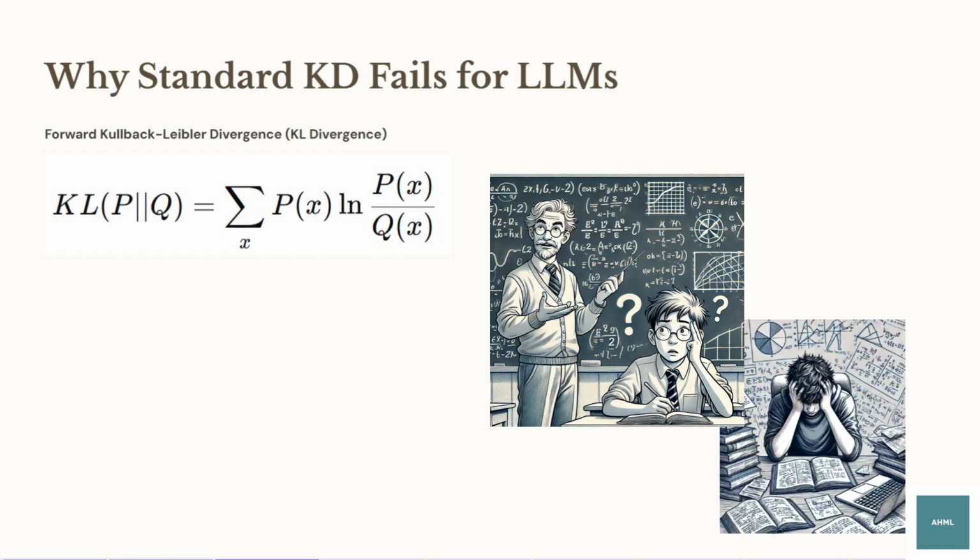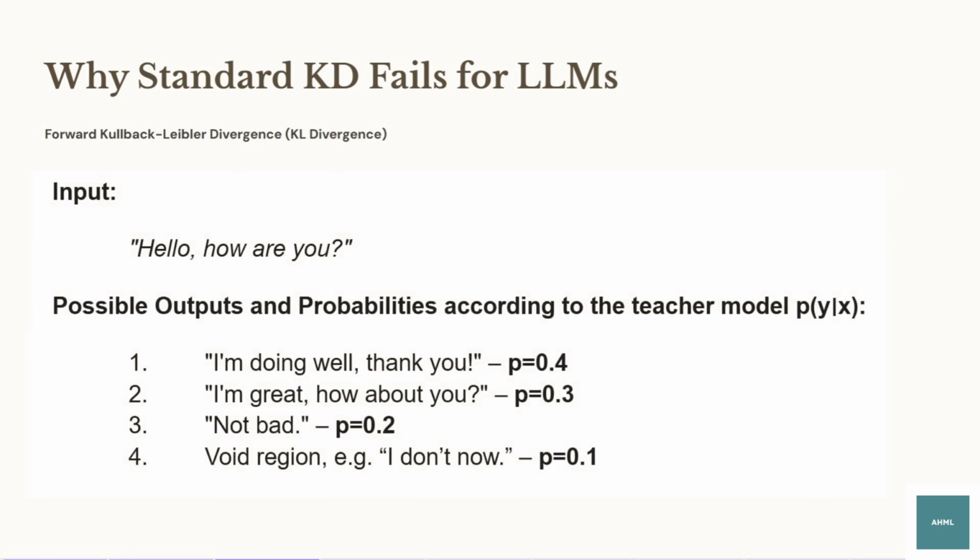For example, given the input, "Hello, how are you?" a teacher model generates 4 possible responses, each assigned a probability indicating its likelihood according to the teacher. The 4 outputs include one void region, meaning some bizarre response that the teacher model assigns very low probability to.